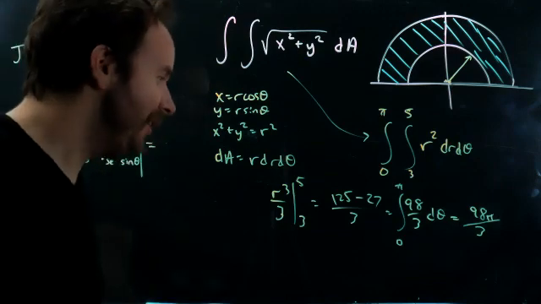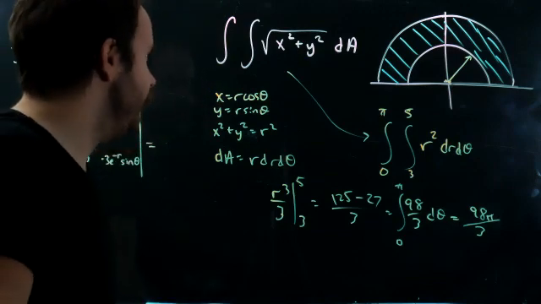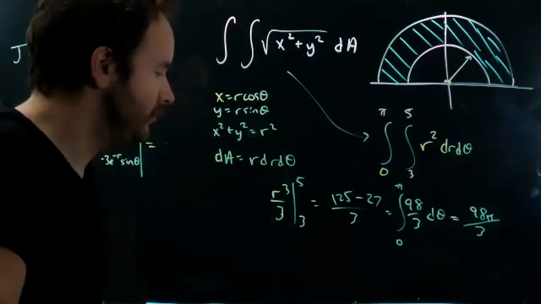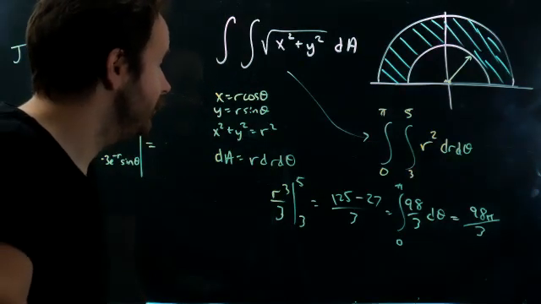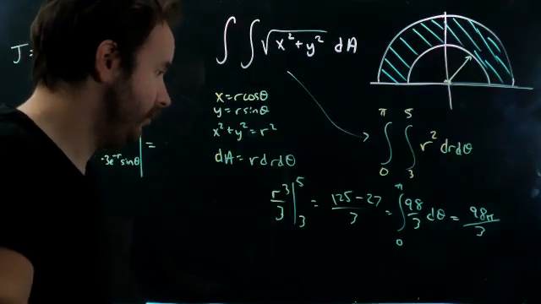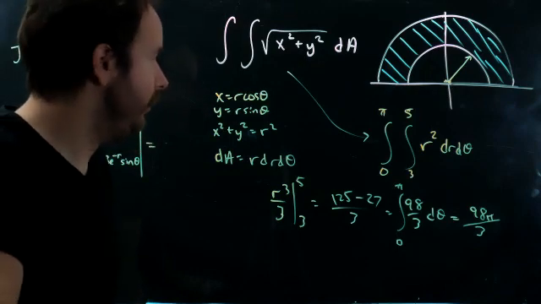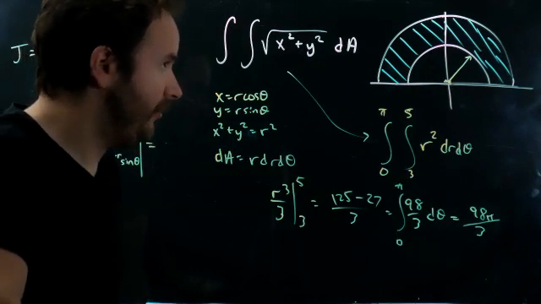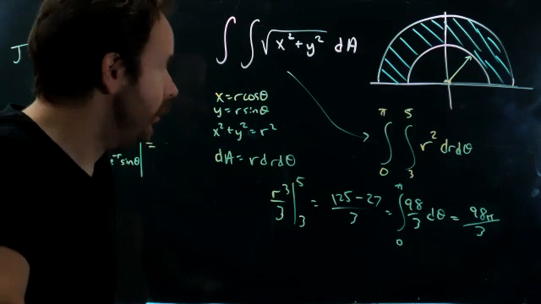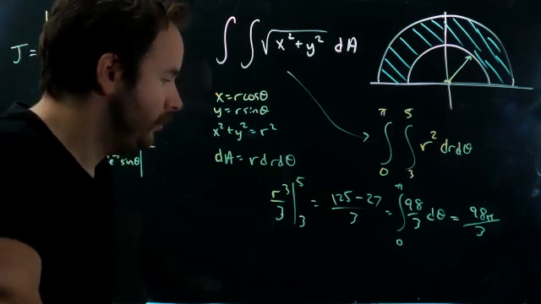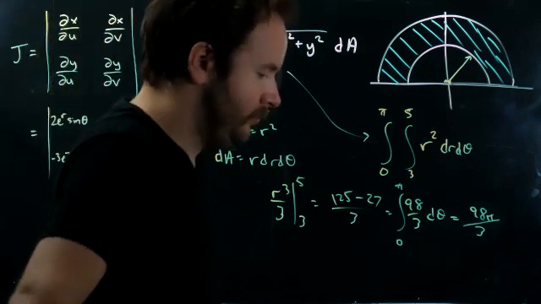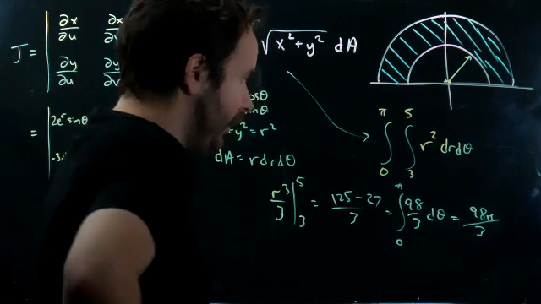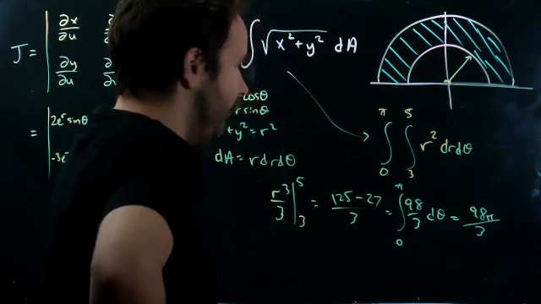What are your bounds on r? 3 to 4. So 64 minus 27 is 37. Did you plug in 4 and 3 into your bounds for r?